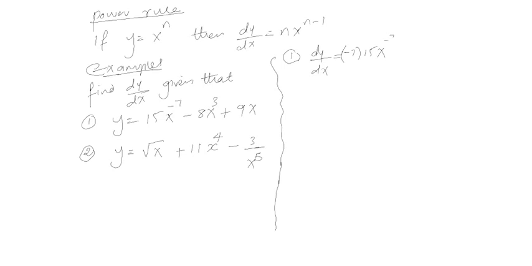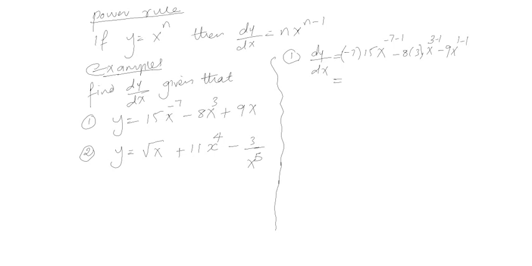So this is negative 7 minus 1. Then you have 8 multiplied by 3, and then the power of x reduces by 1, 3 minus 1. And then the power for the x here is 1, so it's just 1 times 9. But then the power reduces again by 1.